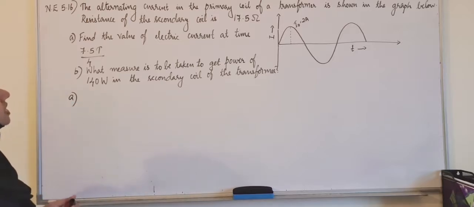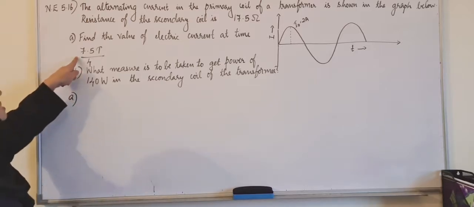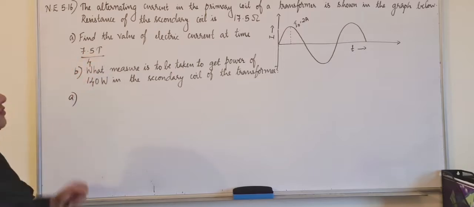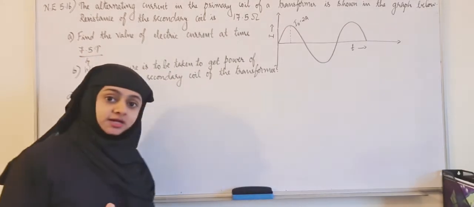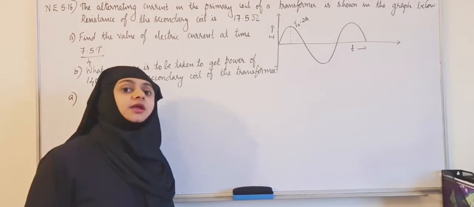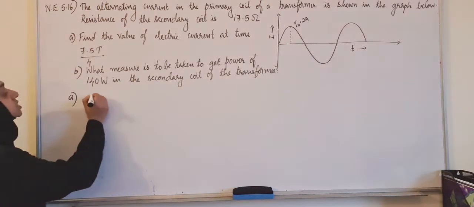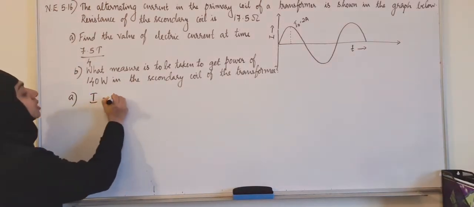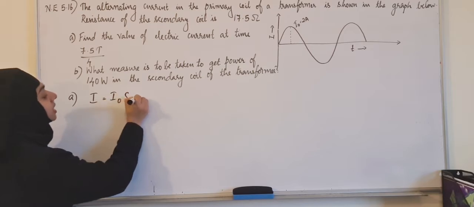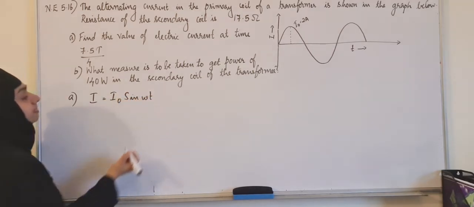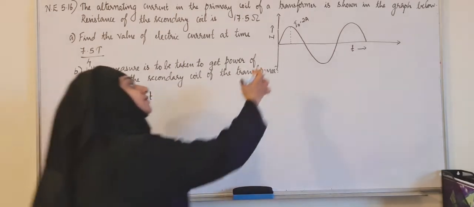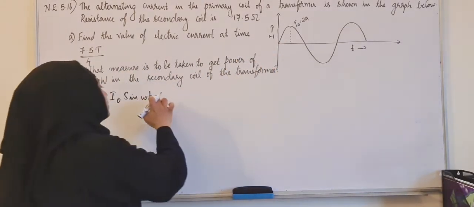The value of electric current at time 7.5 T by 4. We know that the alternating current can be represented by the equation I is equal to I naught sine omega t. Here the initial phase is 0, so we need not write plus phi.